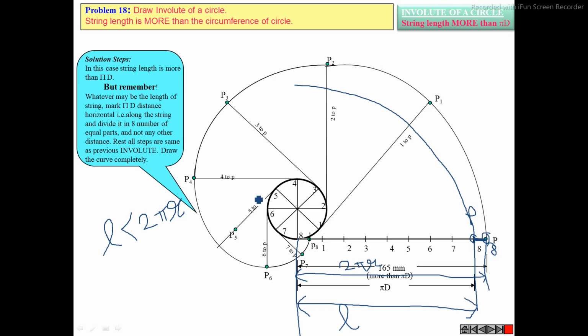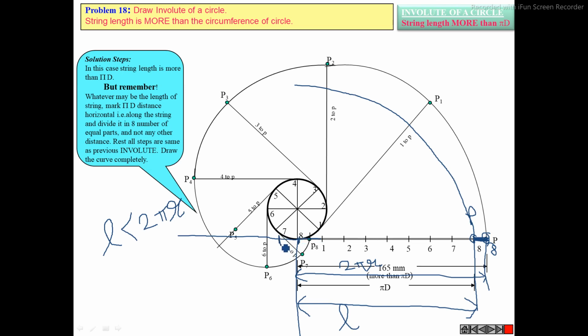So just before the 8th point. That means from point 8 you need to extend the tangent line in the left direction. Yes or no? Yes, sir. And then you need to mark this much length, 8P length, in your compass. You will place your compass at point 8, and on the left-hand side you will cut an arc.